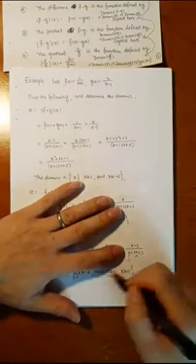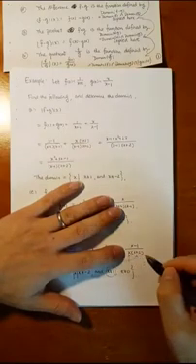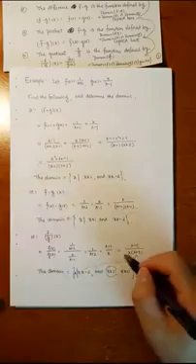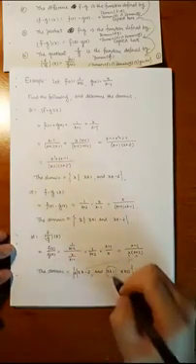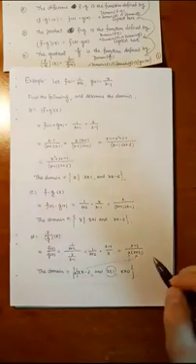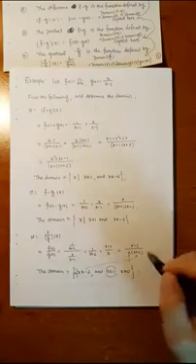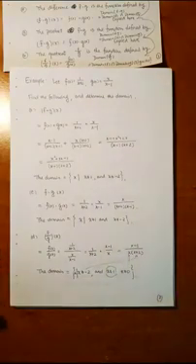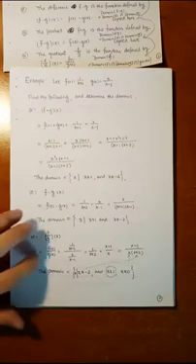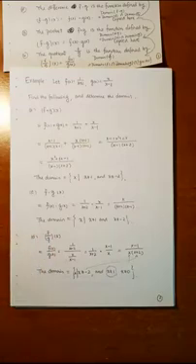The domain only removes 0 and -2. Since your expression comes from g of x which has its own domain, you have to remove 1. Okay, so that's a small subtle point. Even though in the final expression 1 looks fine, it is not in the domain because from the origin it's not in the domain.